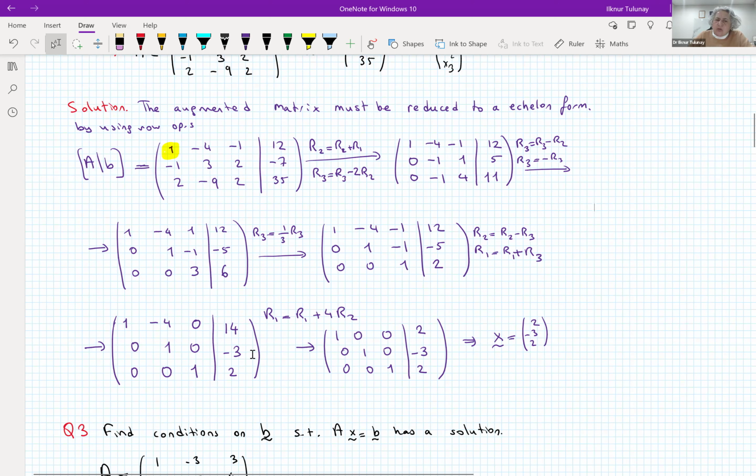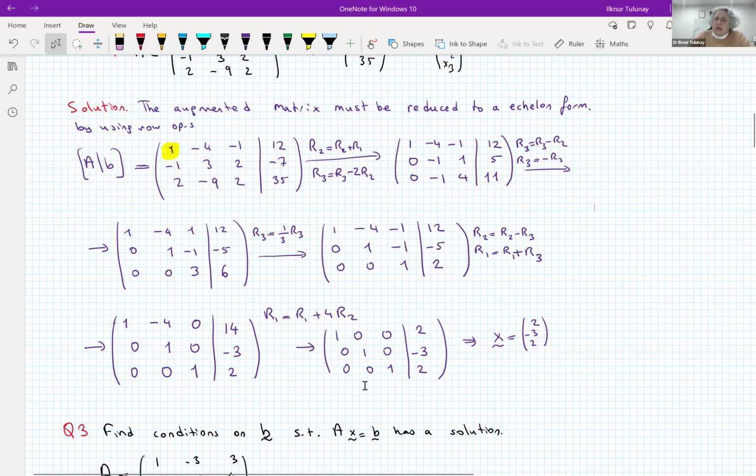If I multiply this one with plus 4 and add to the first row, I will obtain this position 0 and all the zeros remain 0. I will not destroy the structure that I would like to get. So this will be 0. When I have 4, I'm multiplying this by plus 4 and adding it. So 4 times 3 is 12, but this is minus, so minus 12. Minus 12 plus 14 gives me 2.